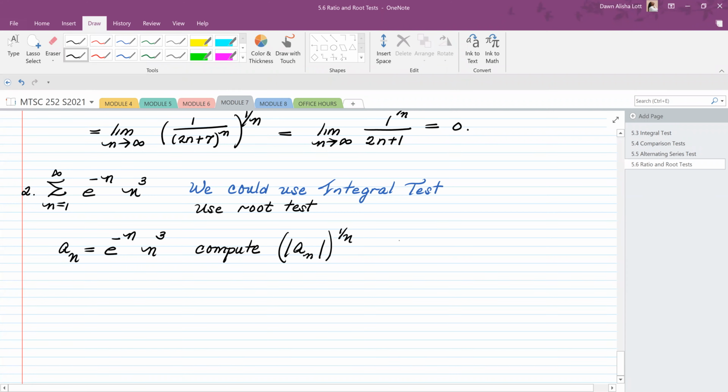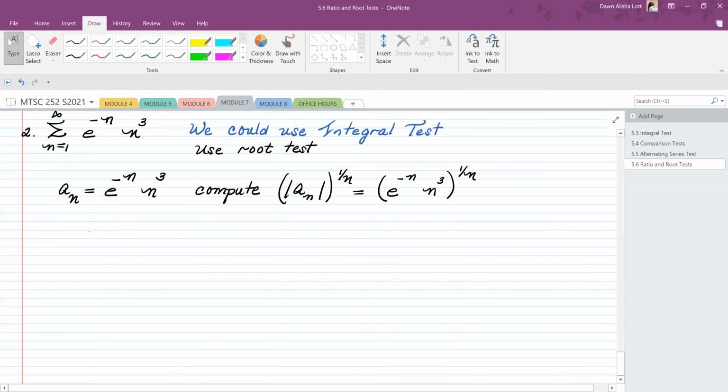So that's going to give me e to the minus n times n cubed, to the 1 over n.